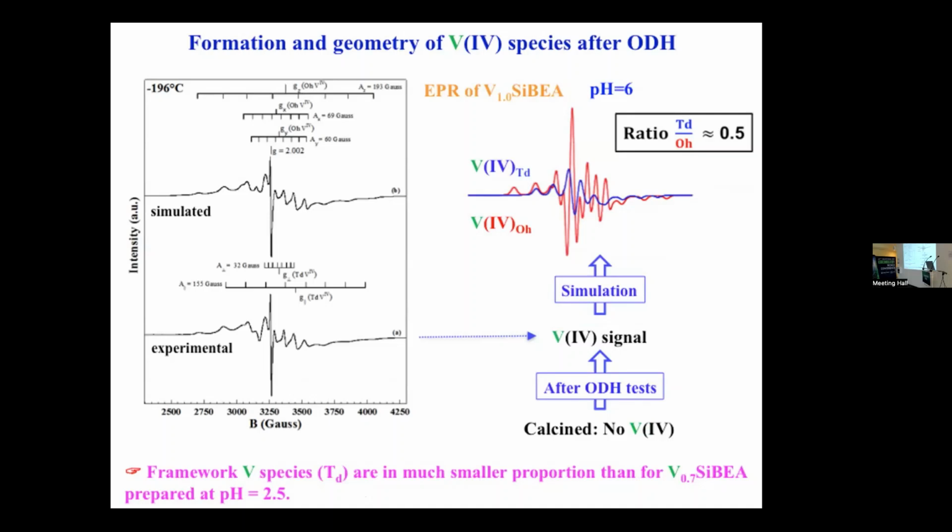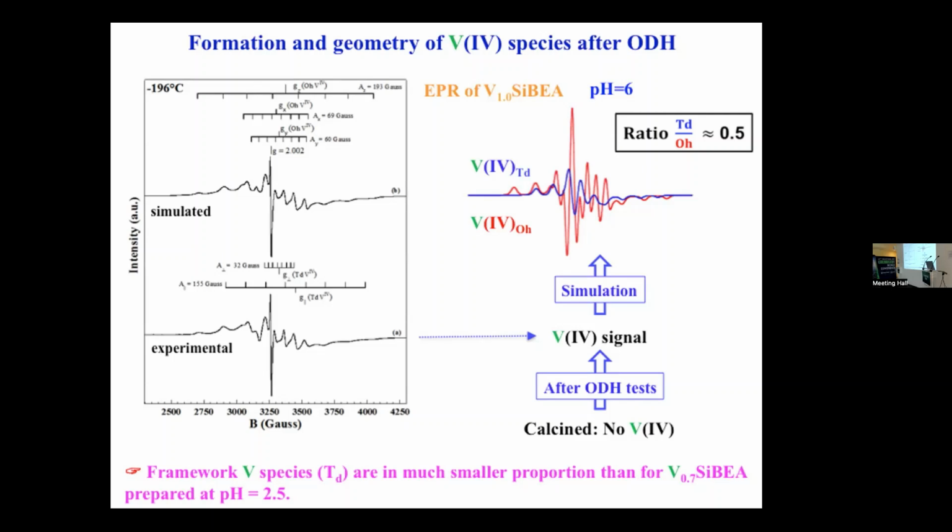Also, in the case of preparation at pH 6, as prepared catalyst, we have vanadium 5. We have no vanadium 5 signal because EPR spectroscopy gives only the vanadium 4 signal.